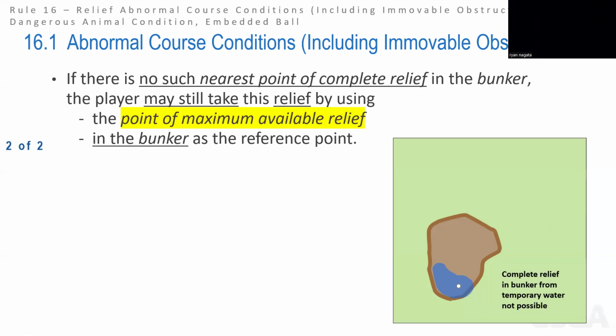This is a fairly rare occurrence, but say in that picture there, a large portion of the bunker has been flooded with water, and presuming that the direction of play is this way and the hole is up in the top right corner of the screen, if the player can't necessarily find an area outside of this puddle that is not closer to the hole and within the bunker, the player is going to have to find the shallowest portion of that puddle and take relief in there, using the same relief procedure as in the previous slide.